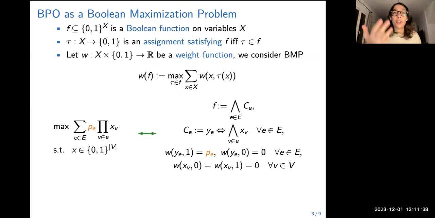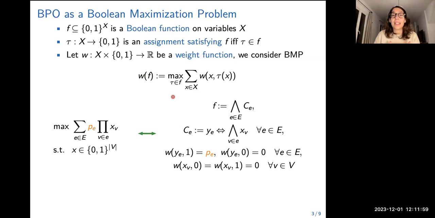Once you have this weight function defined for the assignments, you can define the Boolean maximization problem as follows, which is just the evaluation of a weighted Boolean function. We define it for our purposes exactly like that, because it works for us like this, but you can also define it in different ways.